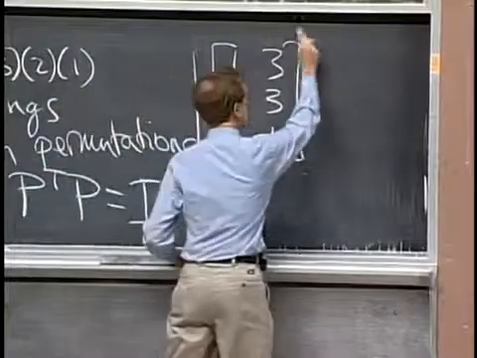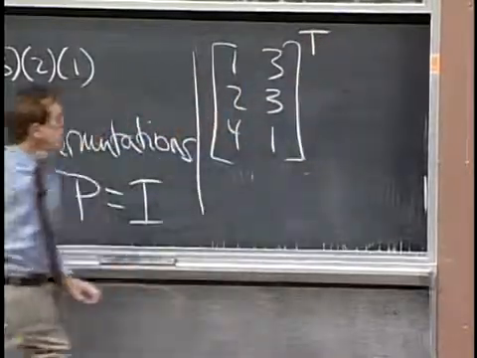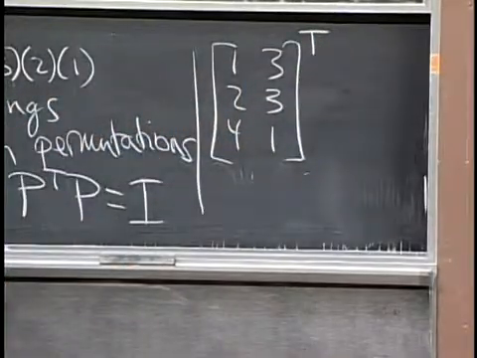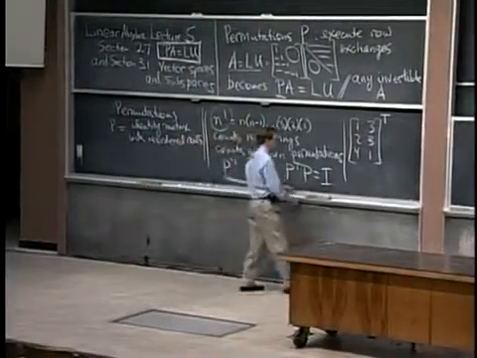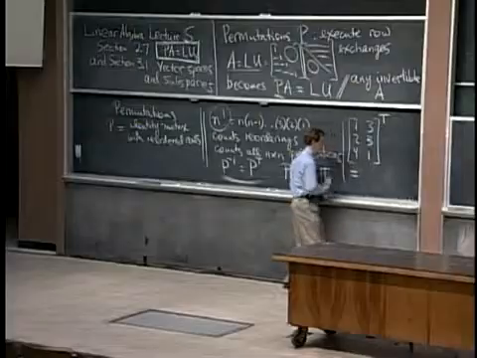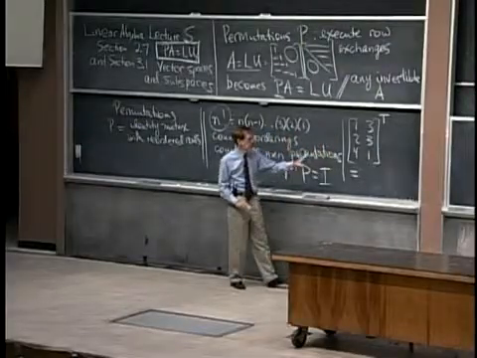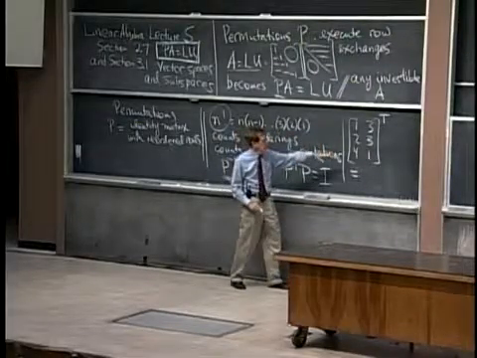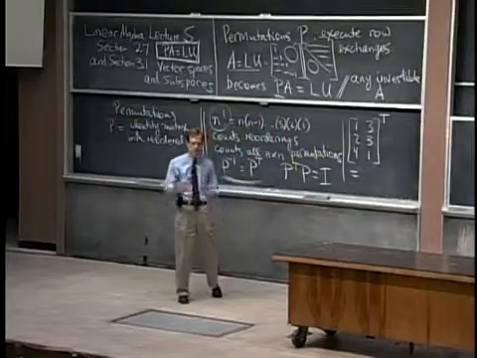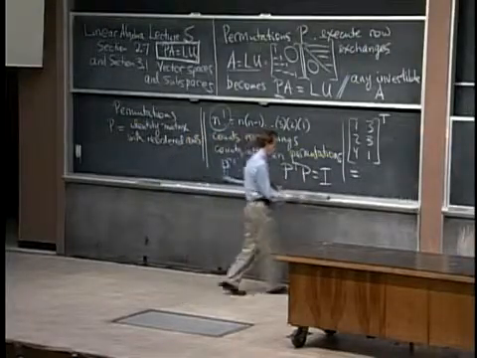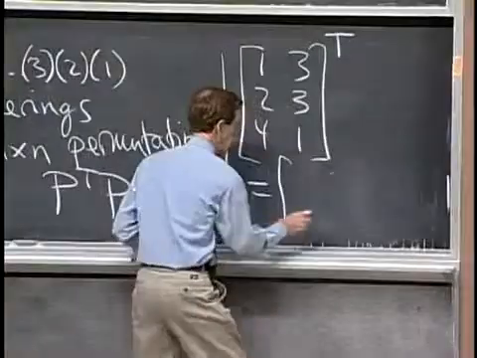I'll use a T, although MATLAB would use a prime. And the result will be, I'll write it here, because this was 3 rows and 2 columns. This was a 3 by 2 matrix. The transpose will be 2 rows and 3 columns, 2 by 3.